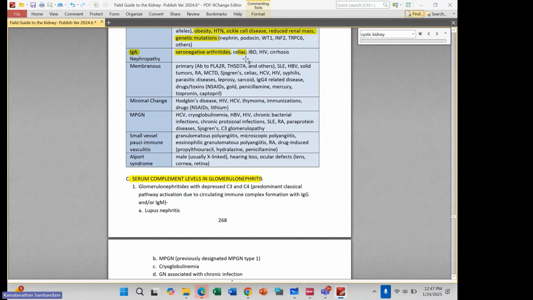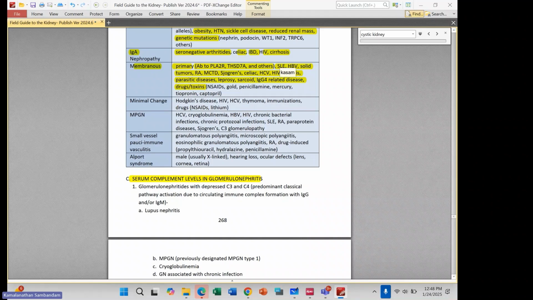IgA has associations with seronegative arthritis, celiac, inflammatory bowel disease, and HIV and cirrhosis. Okay. Membranous nephropathy, you can read here the associations. Primary membranous may have or often has measurable autoantibodies, the most common of which is PLA2 receptor antibodies, but we have a multiplicity of other causes of membranous nephropathy that are listed here.